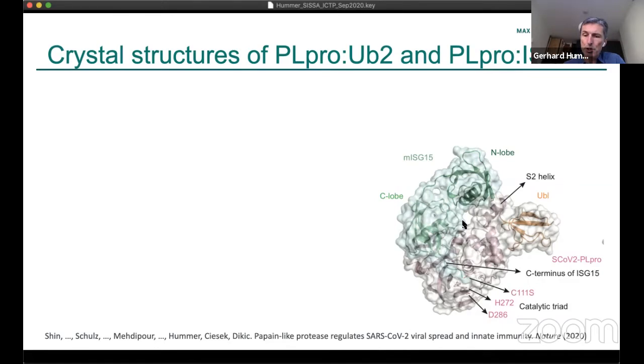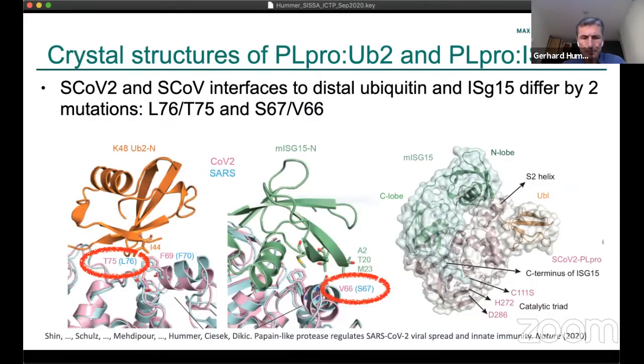For that, Dong-Yuk Shin, a postdoc in the department of Ivan Dikic, solved the structure of the complex between PL-Pro, the protease, here shown in pink, and the diubiquitin. And what we could see in the structure was that there are two changes between SARS-CoV-2 and SARS-CoV that are interesting and could contribute to this shift to an immunomodulation activity rather than ubiquitin processing activity.